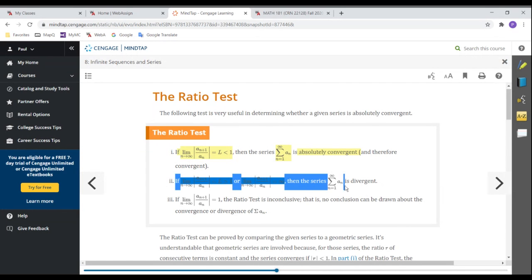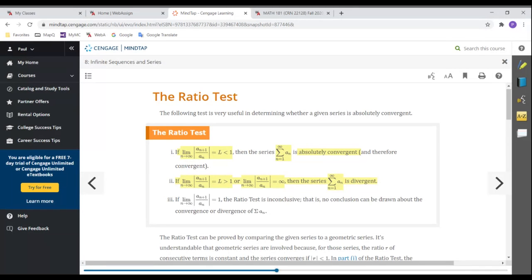Take a look at the second statement here. The second statement says, suppose you look at the ratio of a term in your series to the previous term in the series, and as n goes to infinity, the absolute value of that ratio equals L, okay, a common ratio, and that ratio L is greater than 1.